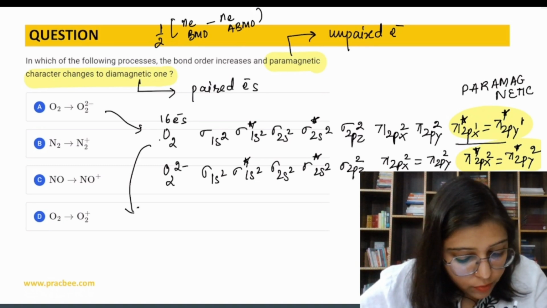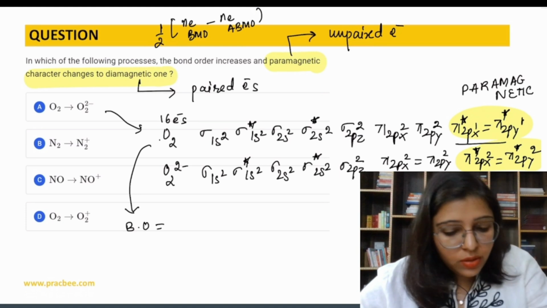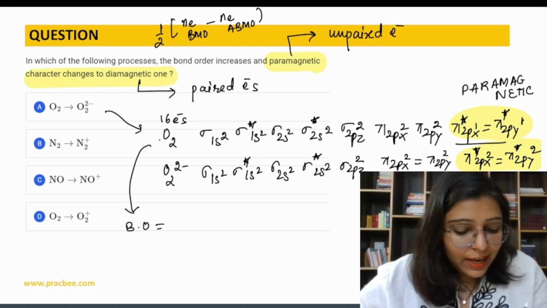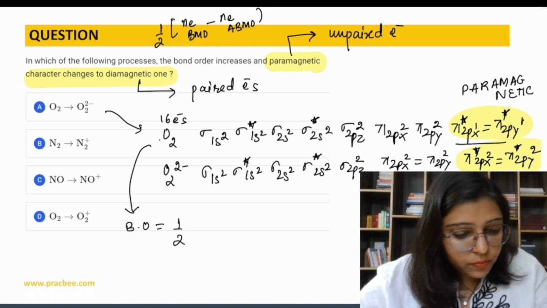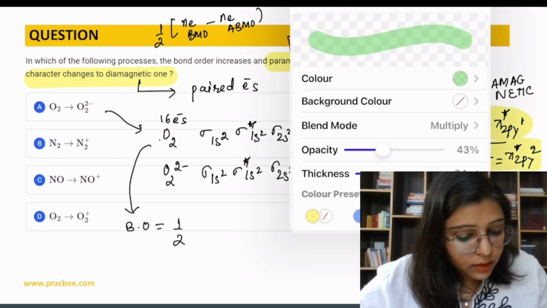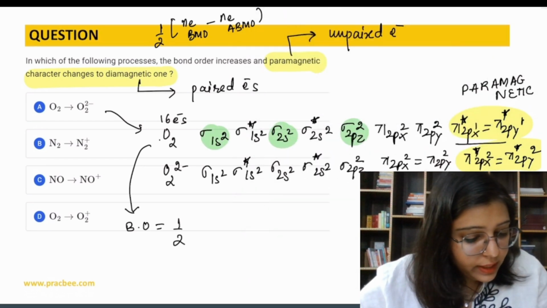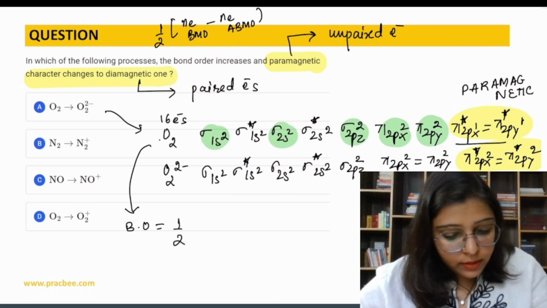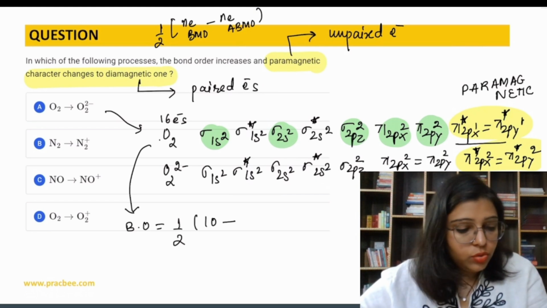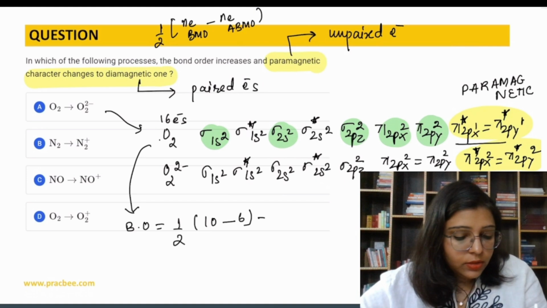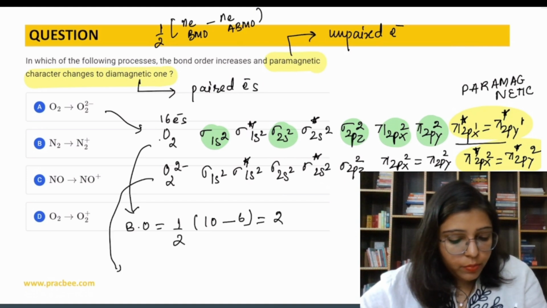So the bond order for O2 should be 2, but let's use the formula to calculate. Half of bonding electrons, which are 10, minus the rest, which are 6. So that is 2. Now calculate the bond order of O2 2 minus.